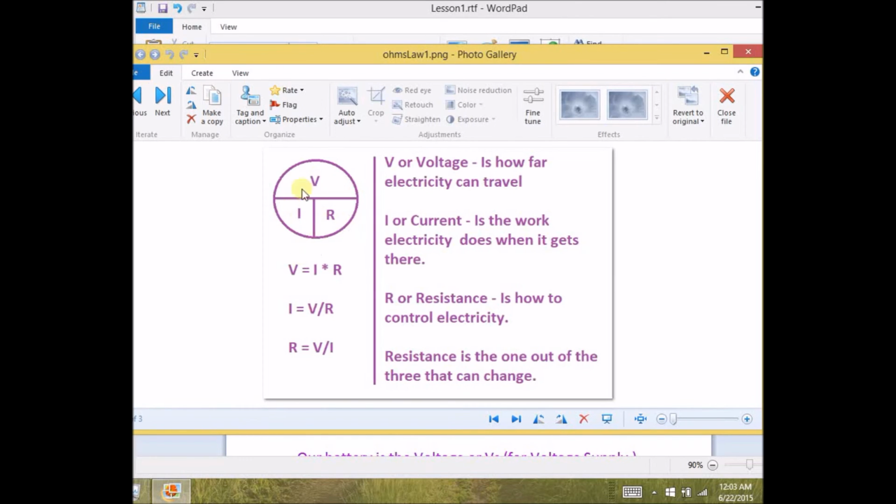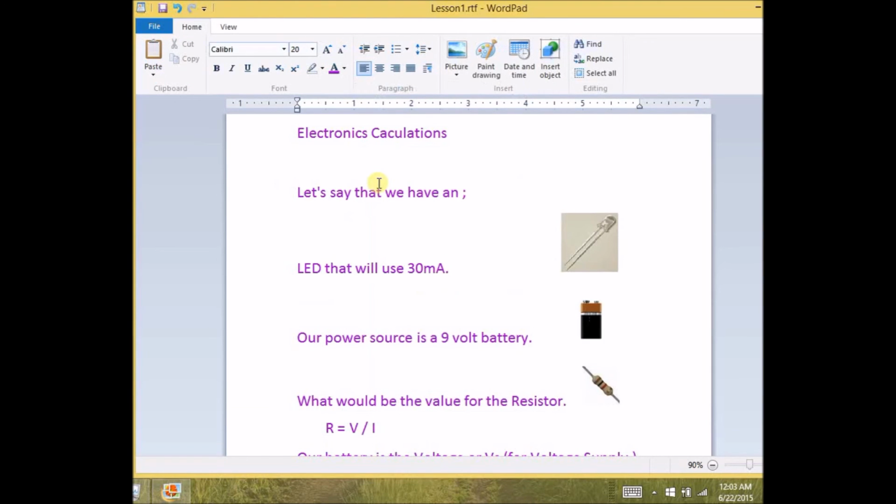So I would write this down somewhere. If not all of this, I would at least write this down somewhere for quick reference, because working with the Arduino and the power supplies and electronic components, you're going to be calculating some values that you would need to use with the components in order to make sure that everything is balanced.